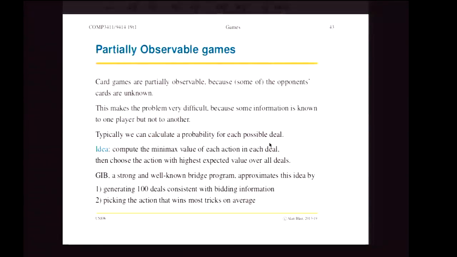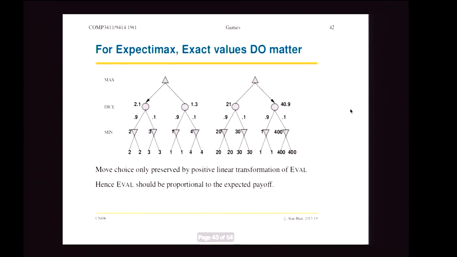And then this is a little bit subtle, but if I'm doing minimax, the exact values don't really matter. All that matters is whether one thing is bigger than another. But if I'm doing expectimax, I need to have exact values.